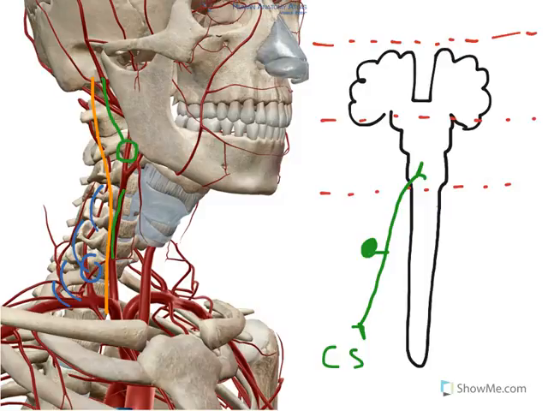So there are many synapses in the brainstem, but an important one for you to think about is the synapse between the glossopharyngeal nerve in green and the vagus nerve in orange. Okay? So here's the vagus. It comes out of the brainstem as well and goes down to our various target tissues. So I'm just going to, for example, put the heart there as a target of the vagus.